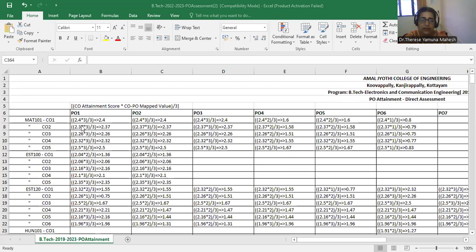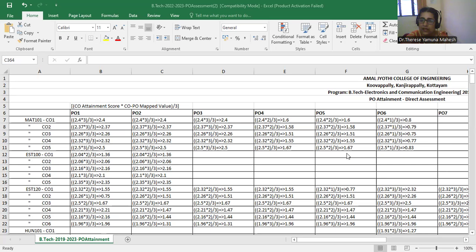correlation values. So if the attainment of CO1 for mathematics, the first year, is 2.4, and if there is substantial correlation between CO1 and PO1, then we multiply it by 3 by 3. And if the correlation to PO4 is moderate, then we multiply the attained CO value with 2 by 3.